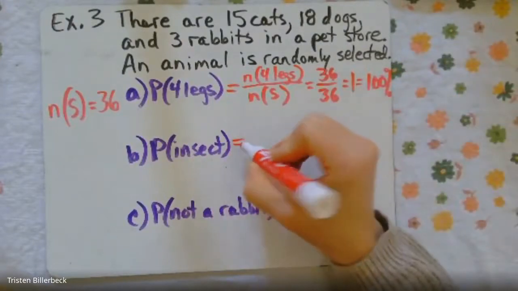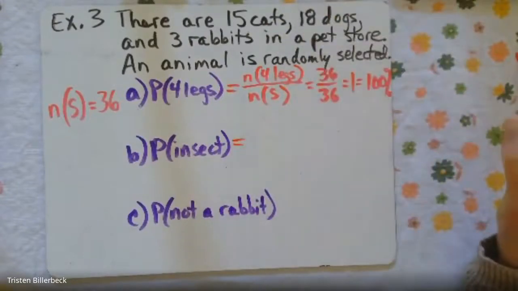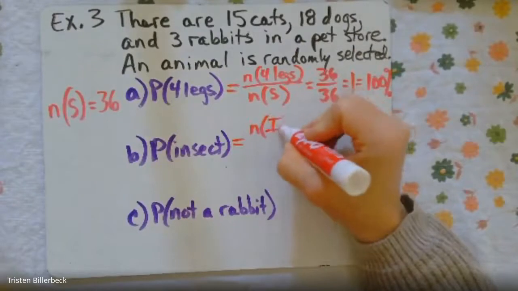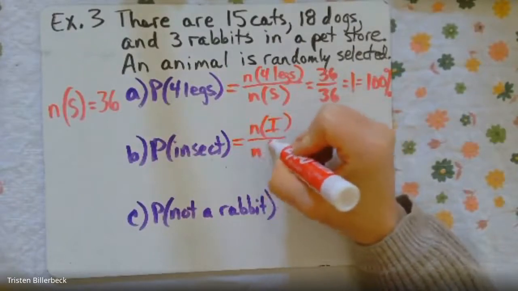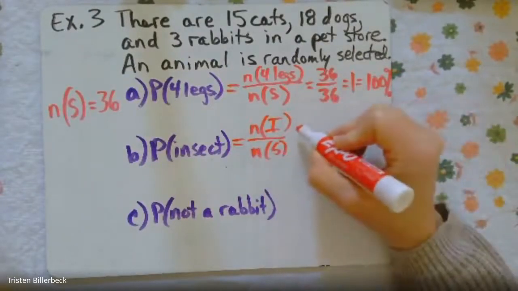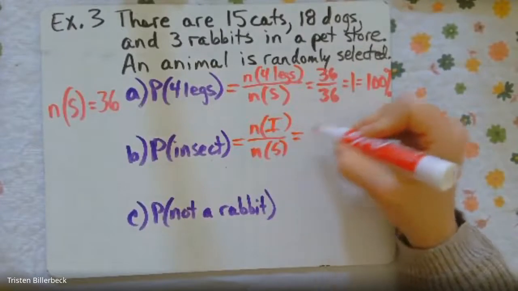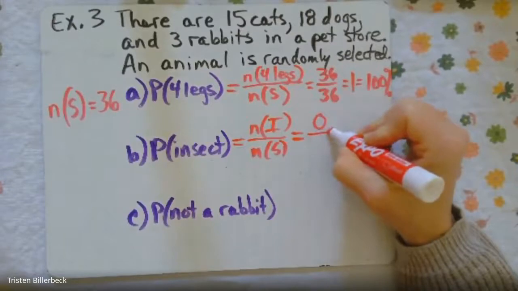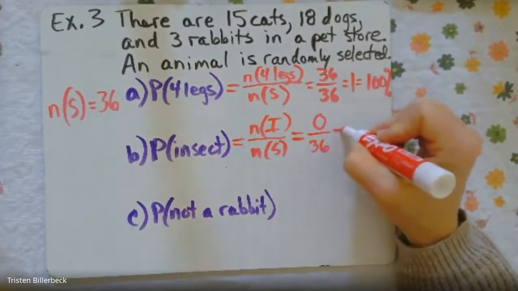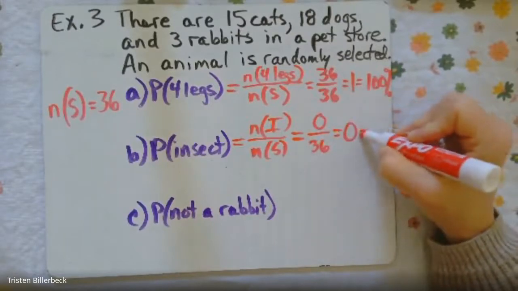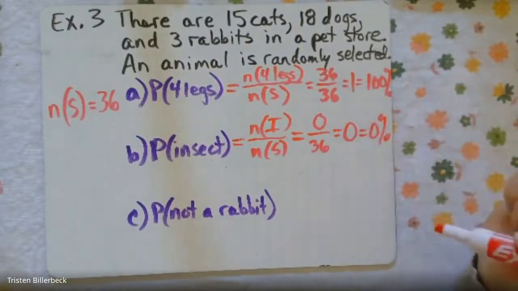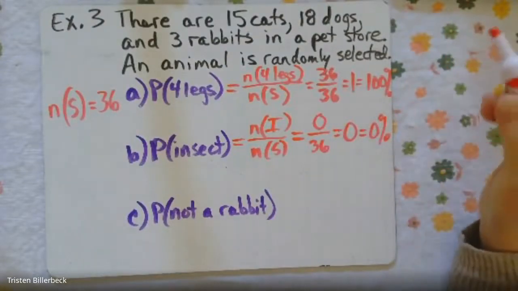Okay, probability of an insect. Well, do we see any insects there? Nope. So the number of insects over the number in the sample space is 0 over 36, so we have 0% likelihood that an insect is going to be selected.